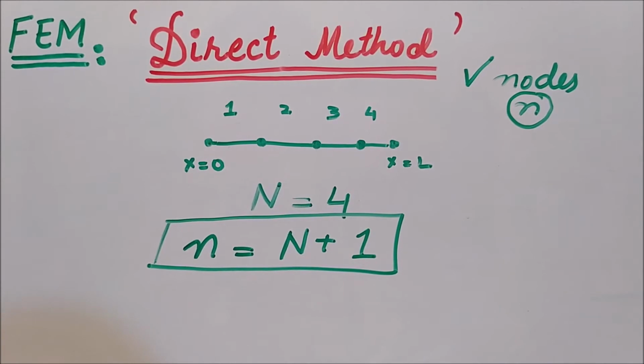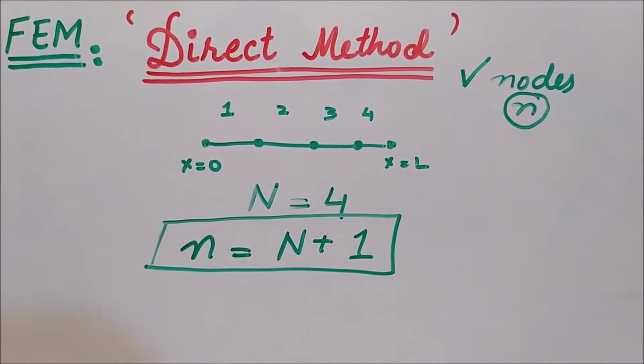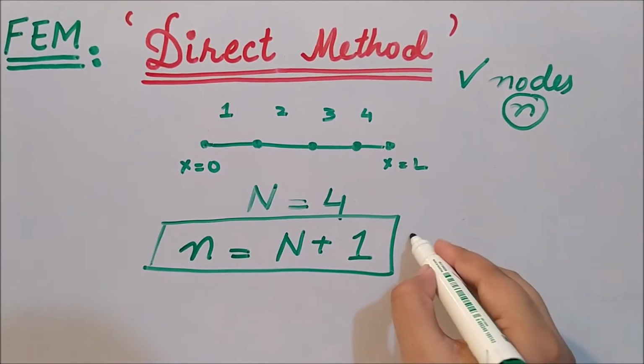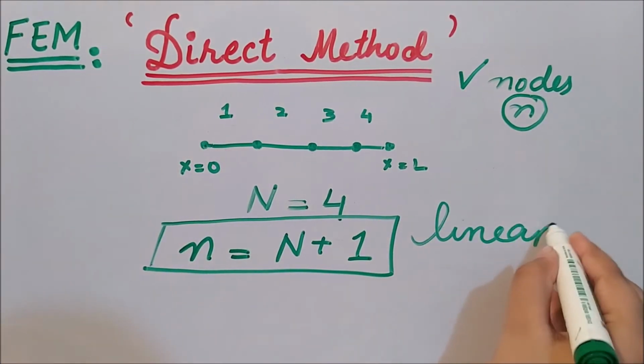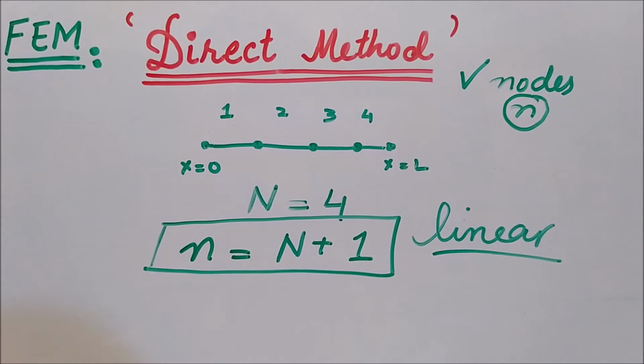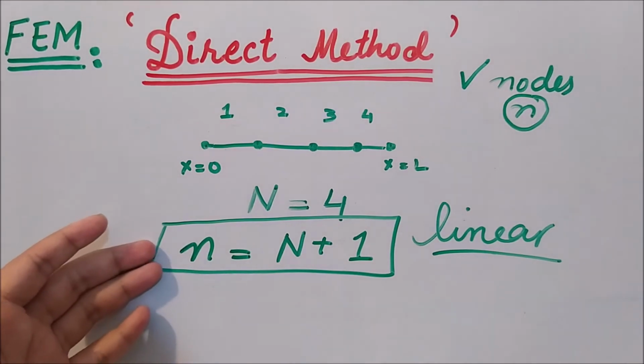This is not for quadratic or cubic or any higher orders, but only for linear elements. And linear elements are the basic elements, and we will be dealing with only linear elements most of the time, and that is why this is very important here. That is for the linear one-dimensional elements, we have a relation between number of nodes and number of elements.